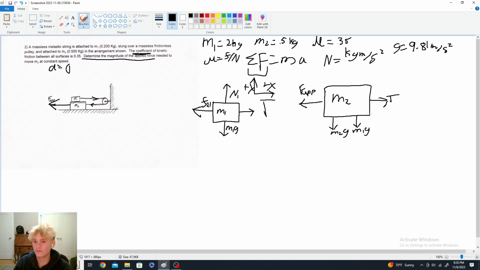And there are 2 more forces here, both of which are friction. Because this block is in between the ground and the first block, M1, there is a frictional force from each. So this frictional force on the bottom here, we can call the friction of the ground on block 2.